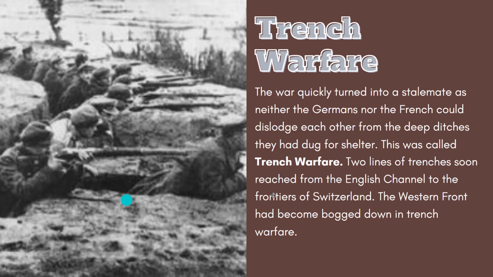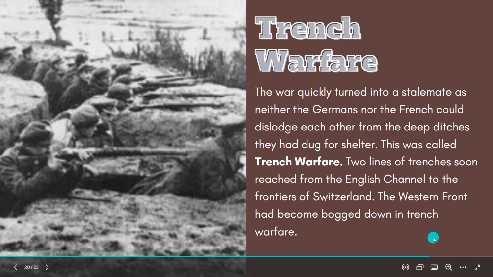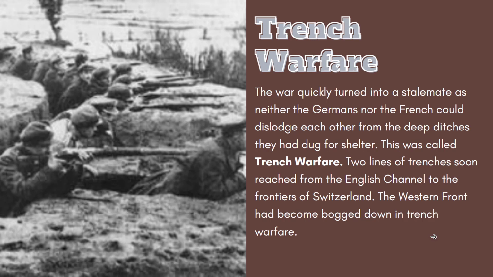Two lines of trenches went from the English Channel all the way to Switzerland. They were so bogged down in trench warfare that it lasted a very long time, and no one was really winning the battle. It was just a stalemate.